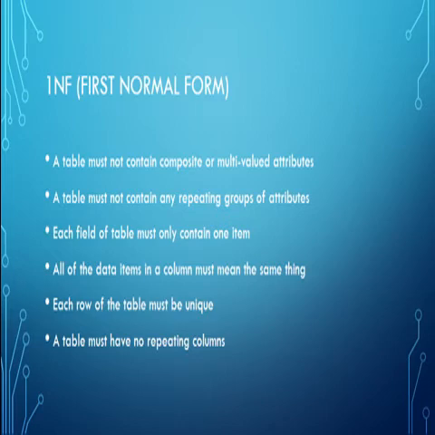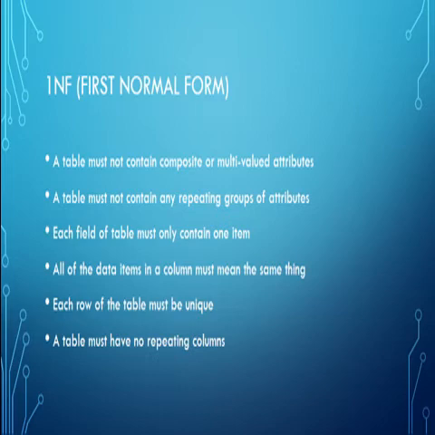So let's talk about the normal forms, starting with the first one, the first normal form. These are the conditions for the first normal form in technical terms. Number 1. A table must not contain composite or multivalued attributes. Number 2. A table must not contain any repeating groups of attributes.